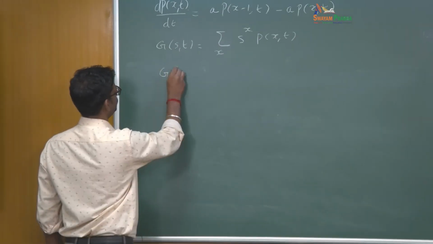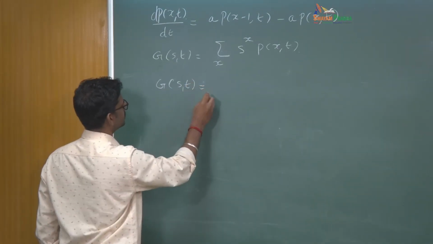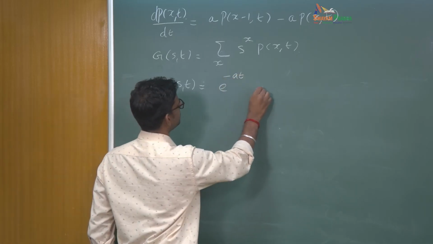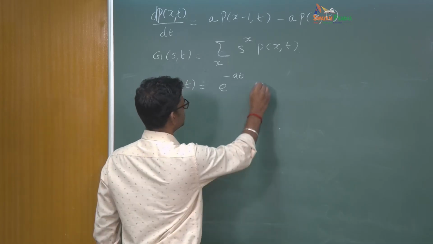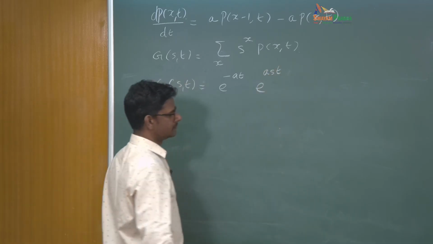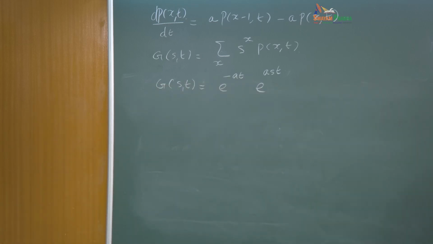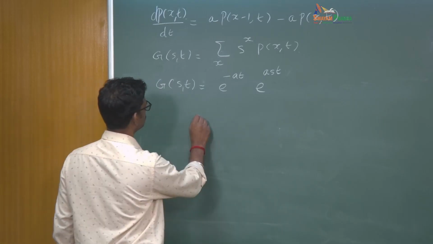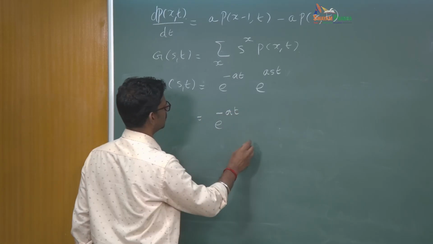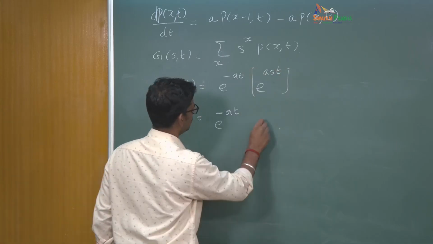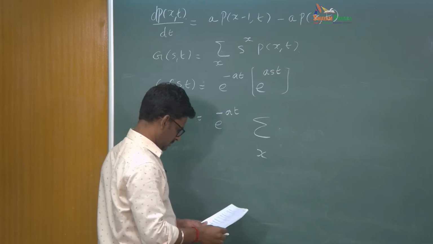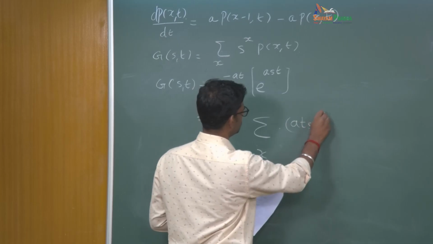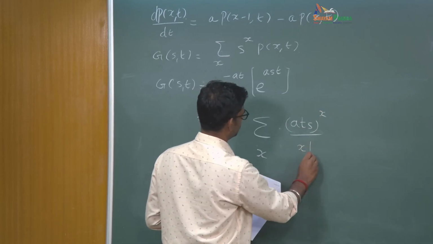We write g of s comma t as e power minus at times e power ast. I'm just opening this up. And this term we can write as the sum of terms like (ats) power x by x factorial.